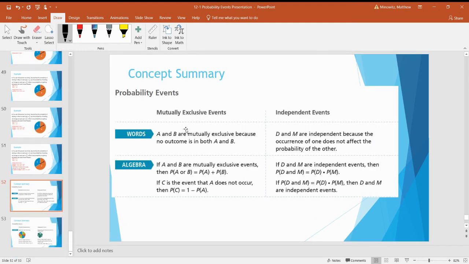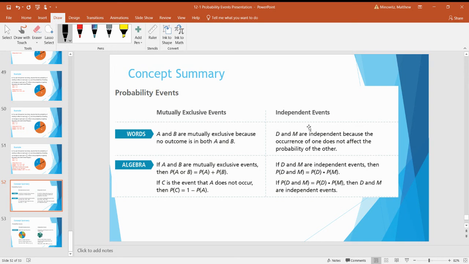So in summary, mutually exclusive are when two events can't happen at the same time. Okay, if I flip a coin, I cannot get both heads and tails. Okay, it doesn't work. And independent events are when two events happen one right after the other, and the first event doesn't affect the other.